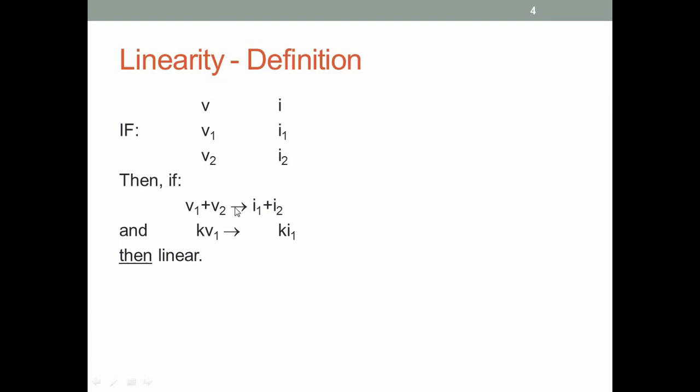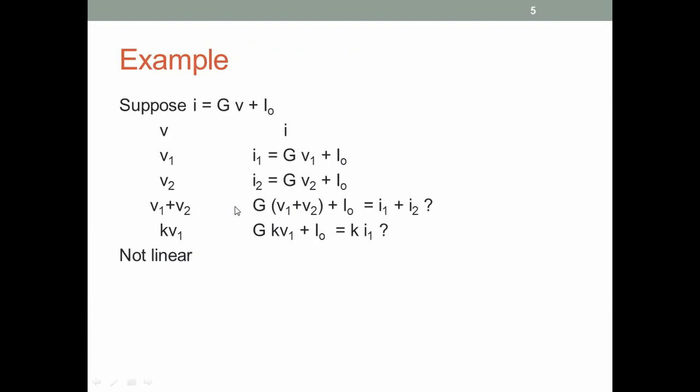Alright, so let us apply this definition to our two cases of circuit elements we were not sure of. So let's look at I equal to GV plus I0, where G and I0 are constants. If we apply a voltage V1 to this circuit element, then the current that will flow from this equation is GV1 plus I0.